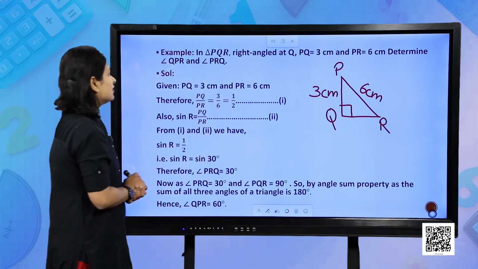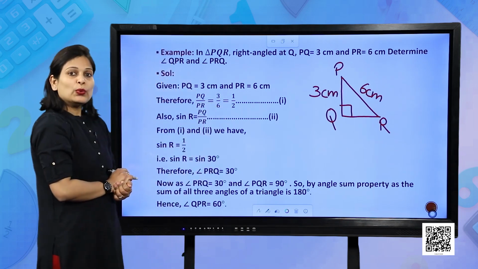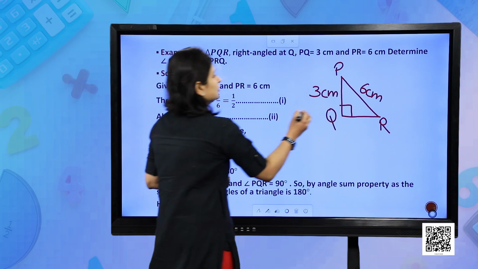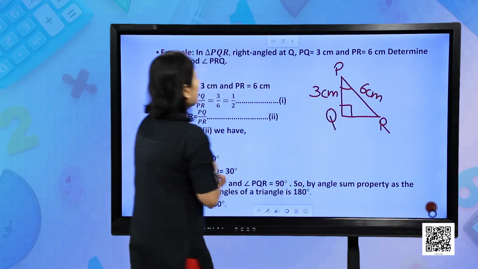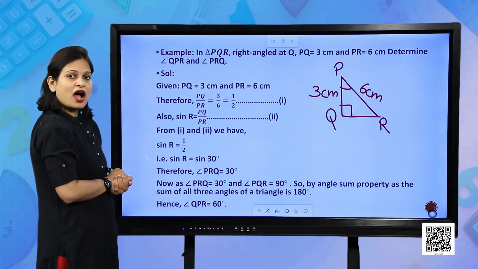We need to determine angle QPR and angle PRQ.